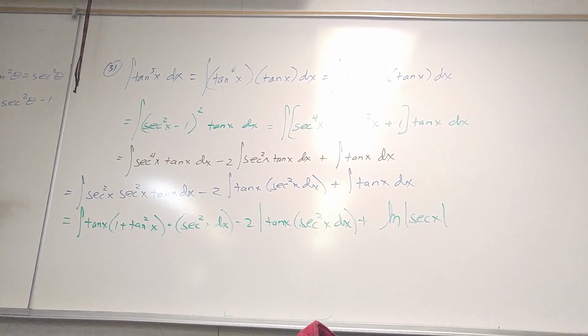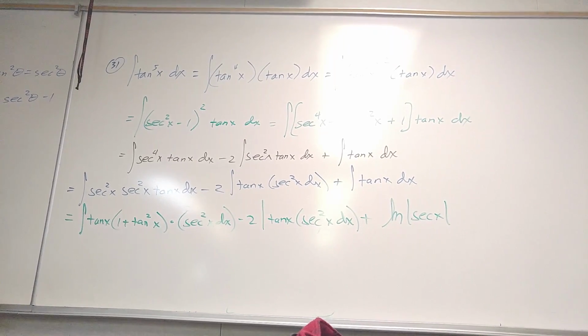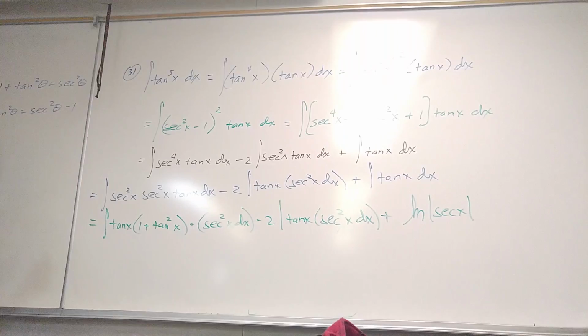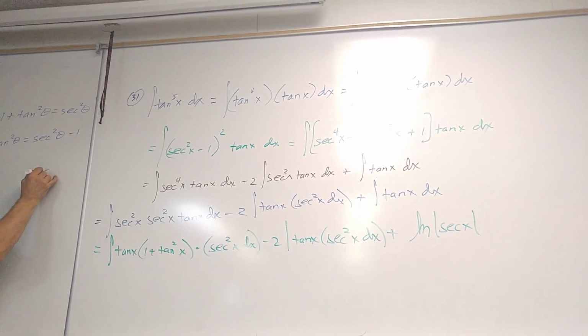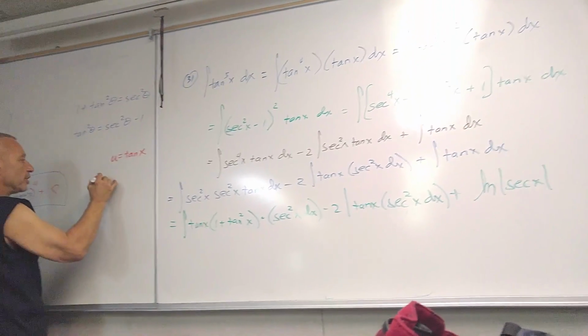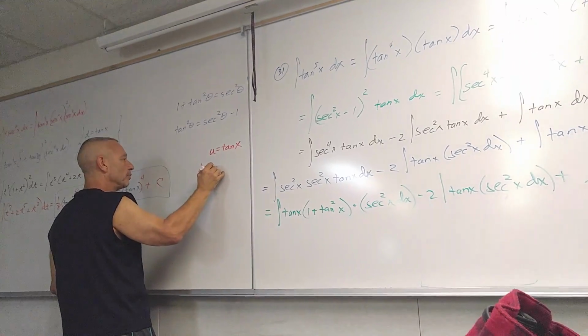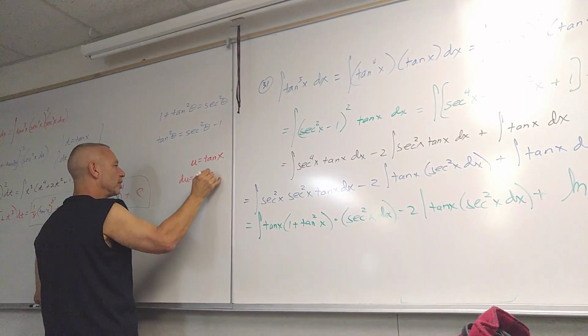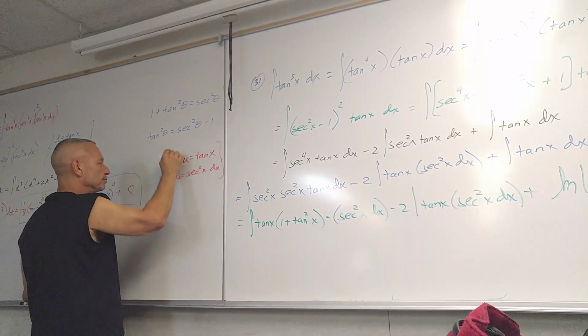Right, now both of these two integrals we've just generated will be solved by the same substitution, u equal tan x. Then what's du? Secant squared x dx.